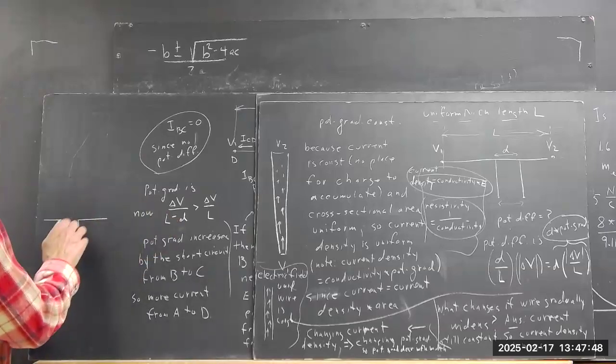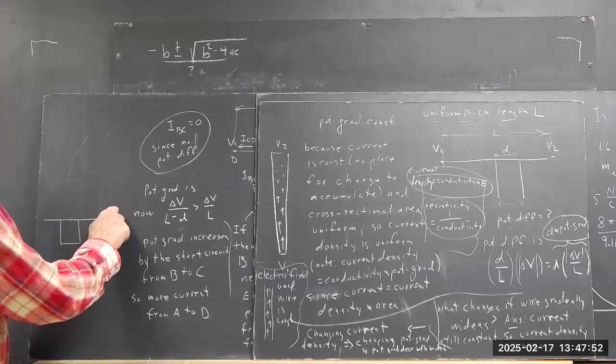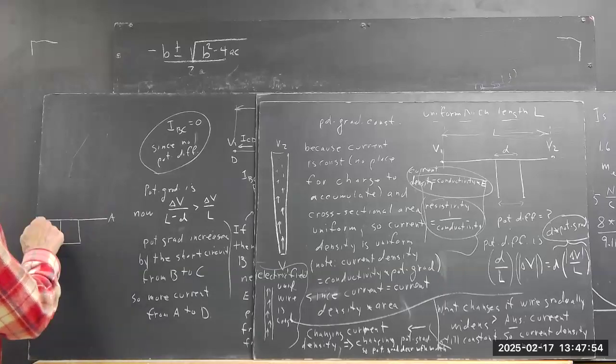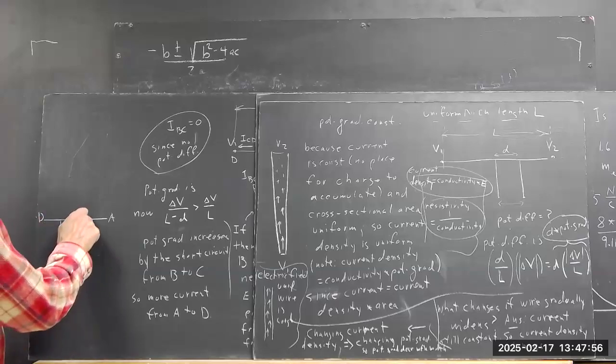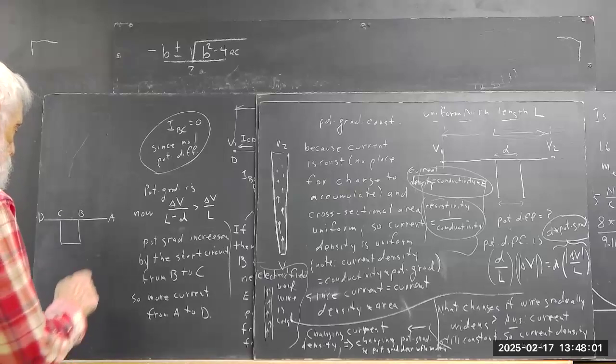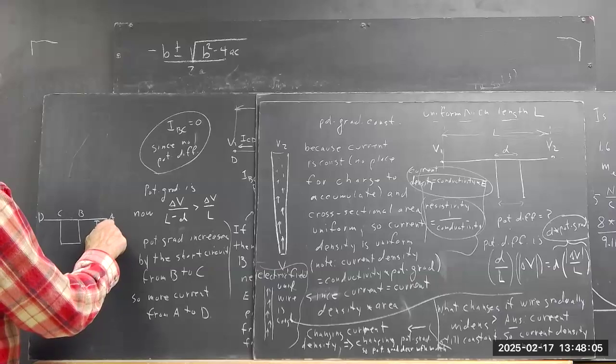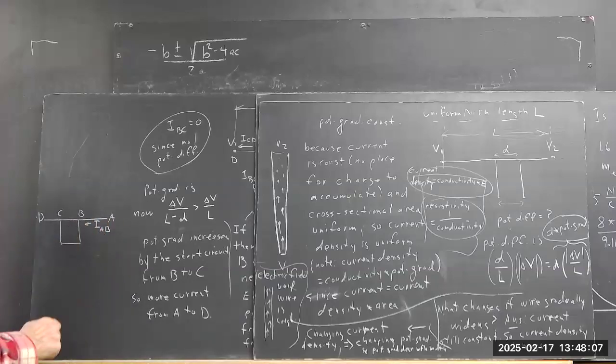So I'm going to draw this part of the circuit a little more simply. We have the point A here, the point D here, the point B here, and the point C here. And we have then I_AB.